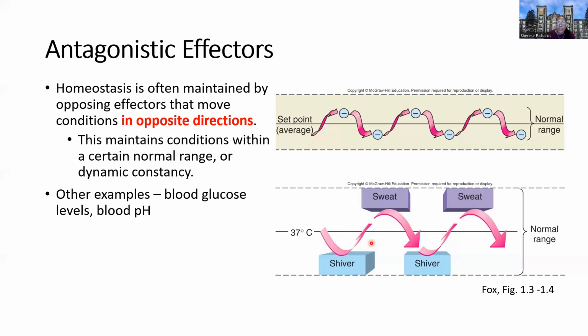Whatever the stimulus that was detected, when we get back to set point, that requires a change in the opposite direction. We've mentioned a few examples of blood glucose, blood pH, and temperature, but there are so many other examples in the body of various homeostatic mechanisms and negative feedback mechanisms.